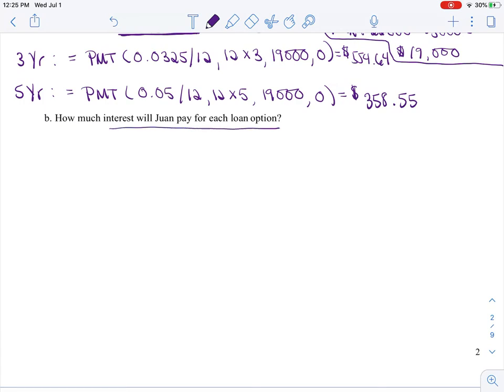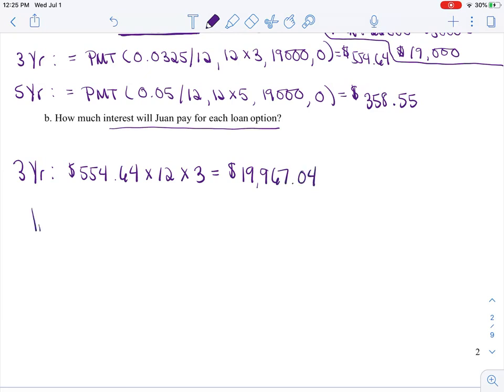Well, for the 3-year loan, we're making $554.64 monthly payments for 3 years. And I went ahead and did this already, to save time with the calculations. It will give $19,967.04.